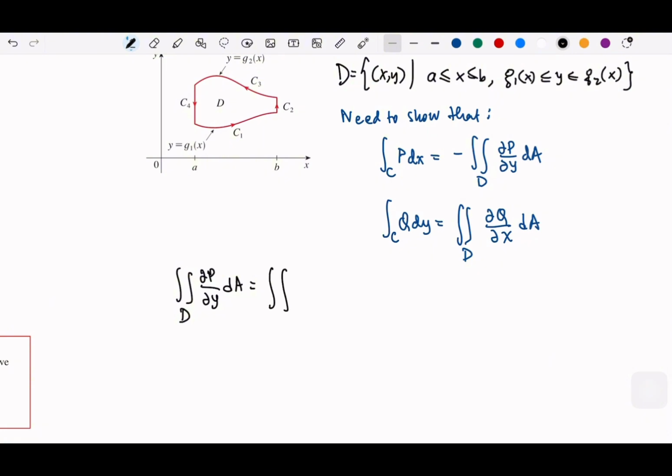We can set up the double integrals using a, b, and function g for y, and this will be dy dx.